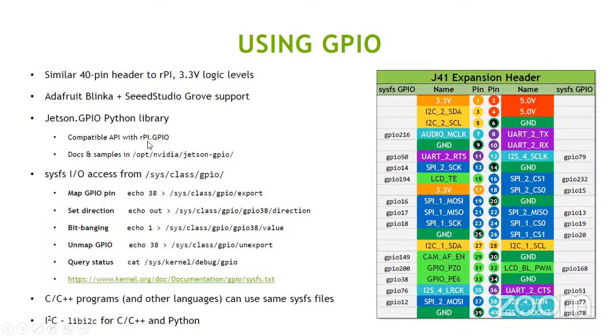RPi.GPIO is the library used for Raspberry Pi GPIO configuration and programming, so the same library can be used here for Jetson Nano, and you can find samples in Jetson GPIO. Then there is sysfs: using sysfs, you can access and configure the GPIO through sys class GPIO.